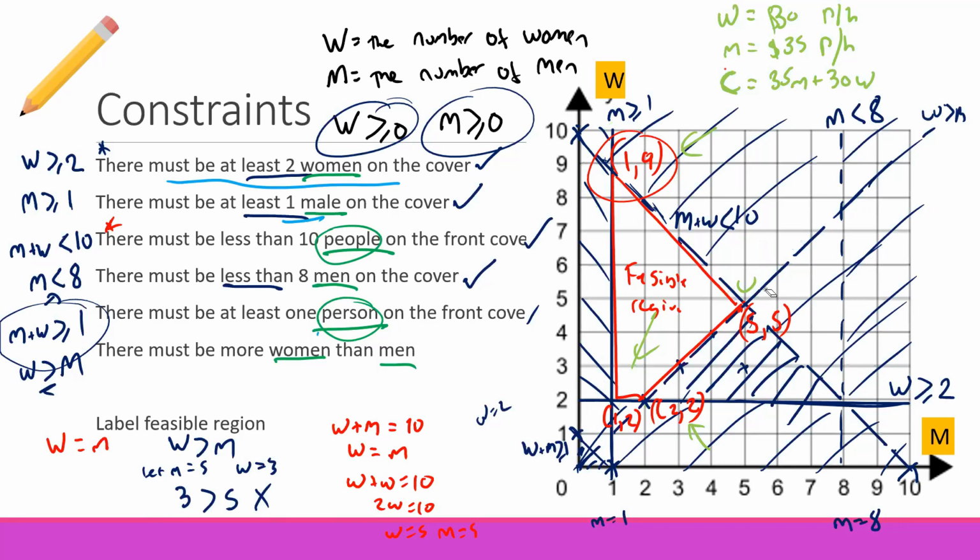Because this one down the bottom is the only one that's between two lines that actually measure anything. 1 9, there must be less than 10 people, and the men must be greater than women, means that the only corner point that you can actually measure is going to be this one here. And yeah, cool. All right, that's interesting.